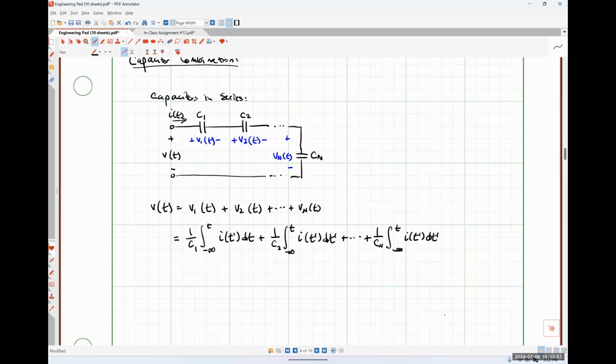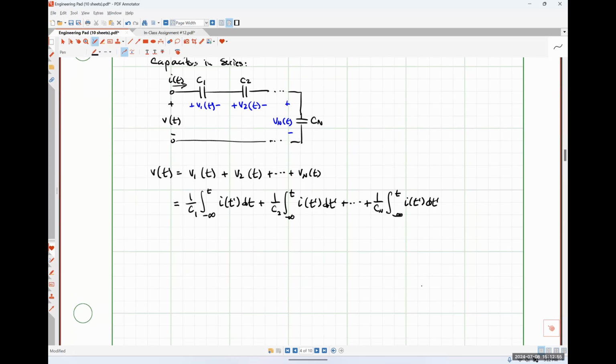So there's a common factor of the integral from negative infinity, all that kind of good stuff.